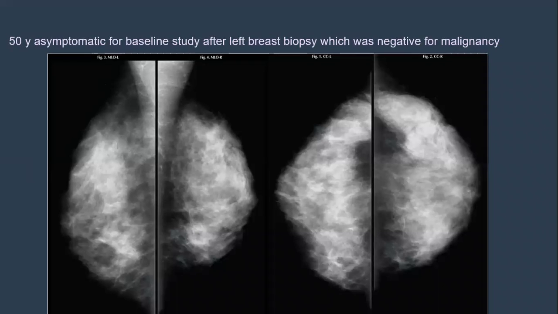A 50-year-old asymptomatic woman for a baseline study after left breast biopsy, which was negative for malignancy. Can you see any abnormality in this mammogram? Who's going to take it?